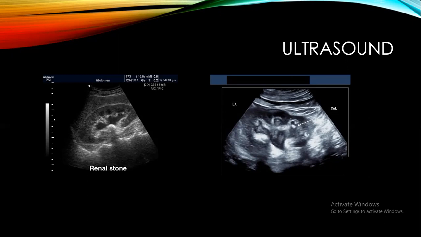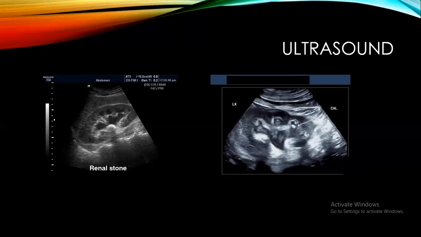Actually, the ultrasound is considered one of the most important tools used by the urologist in order to make a diagnosis or initial diagnosis for most urological problems.